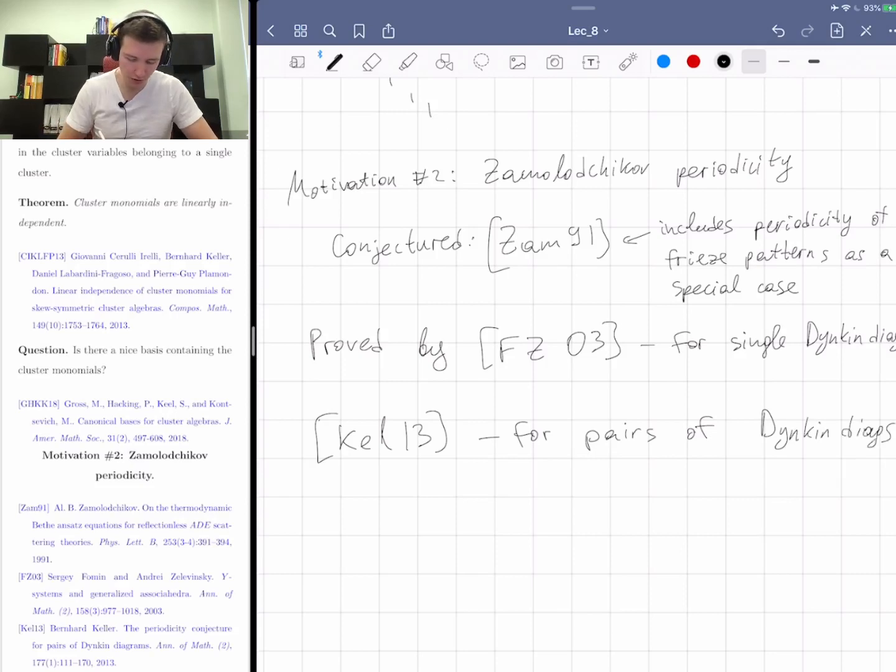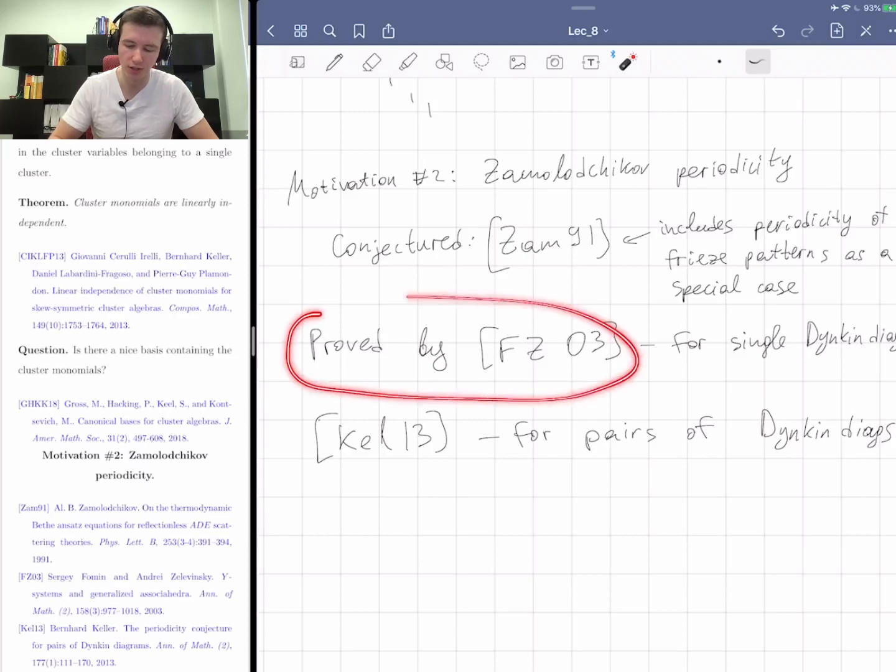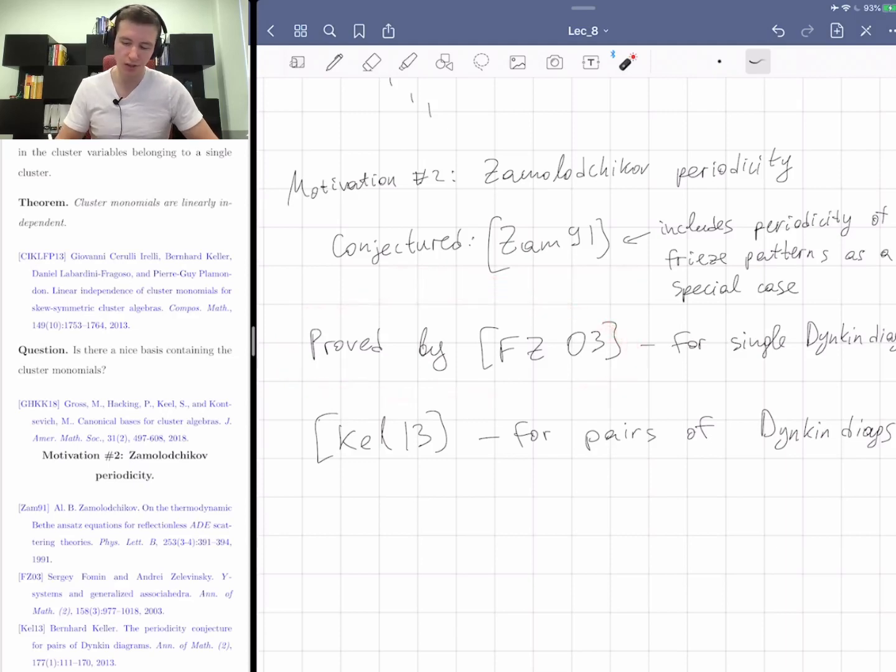And again, you can see annals and annals here. So that motivation was successful. Cluster algebras are exactly suited to solve this periodicity conjecture, and this is also closely related to the classification of finite type, to this question of whether when you mutate you get infinitely many things or finitely many things.